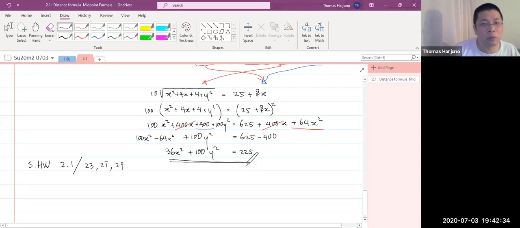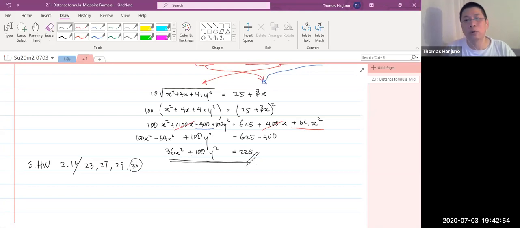Number 33 will be interesting, but don't worry too much if you are not able to work it out. I should call this 2.1b because we did some problems already the first day of class.